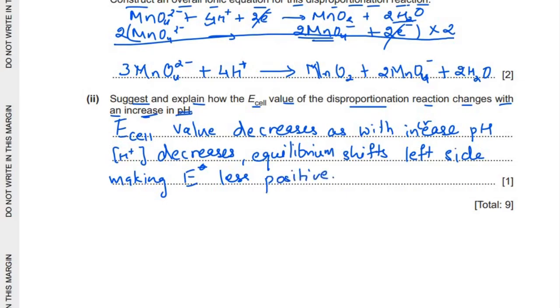I explained everything, but it carries 1 mark, so even if you write it in short, it's acceptable and you will get the 1 mark. So here ends question 2, and let's start with question 3 now.